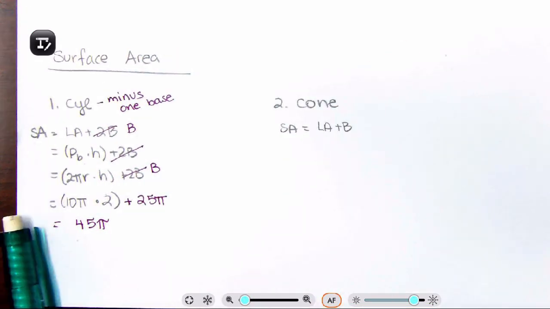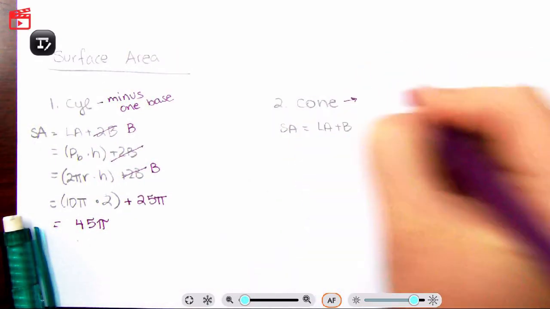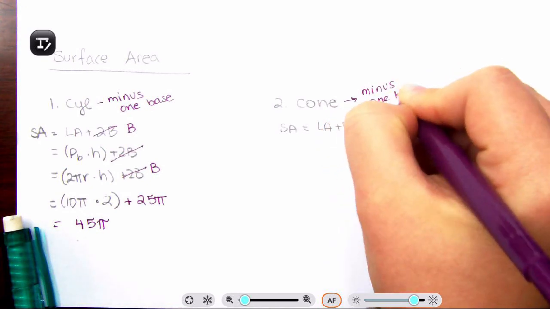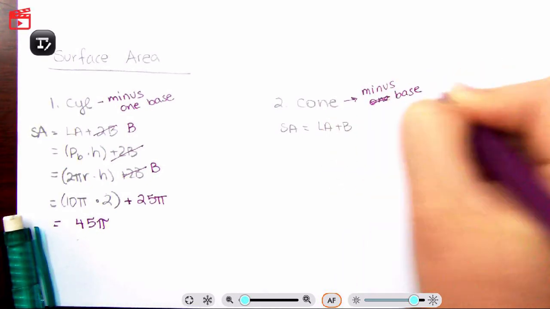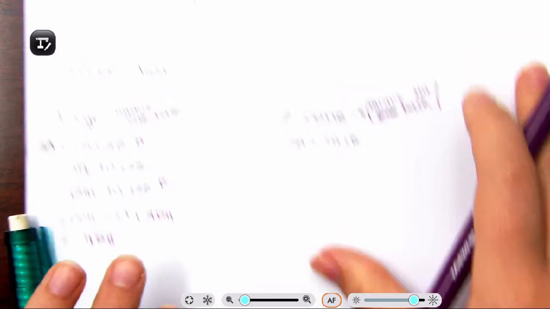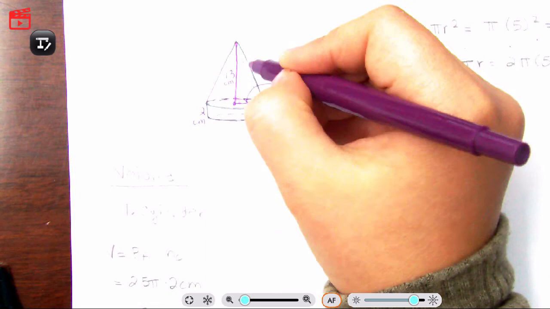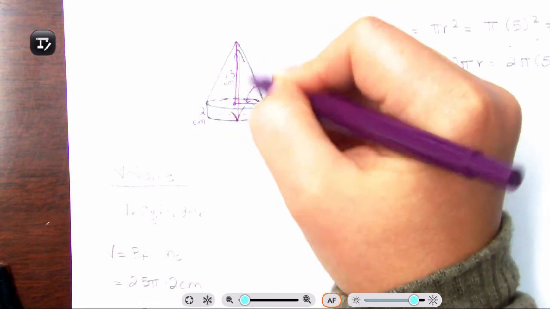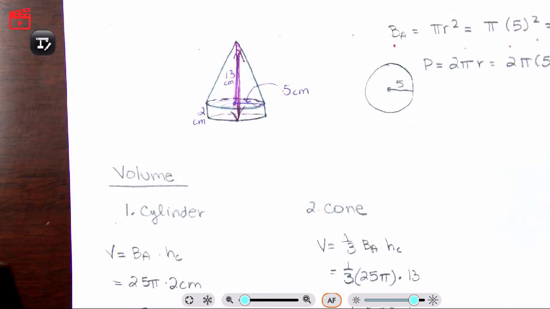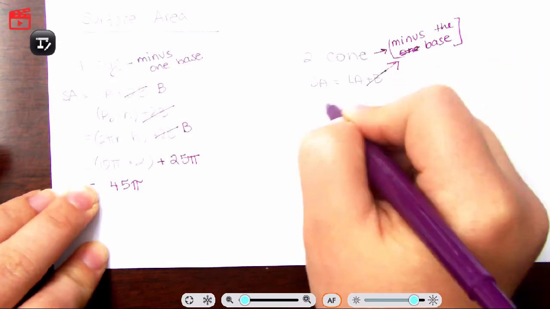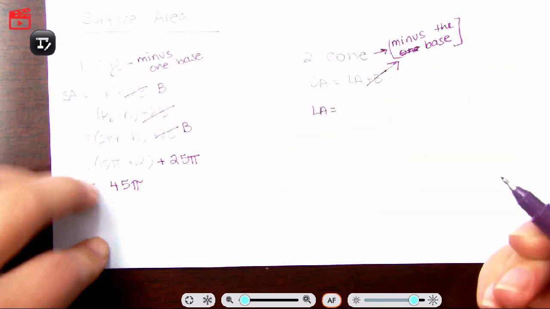But here's the thing, you guys, before we even move on, we know we are taking away the base of your cone because we need the candy to go from the top of your cone all the way down and be able to go between the two figures. All right, so we don't need this area of the base no more. We're going to remove it. So just what we have is lateral area of the cone.